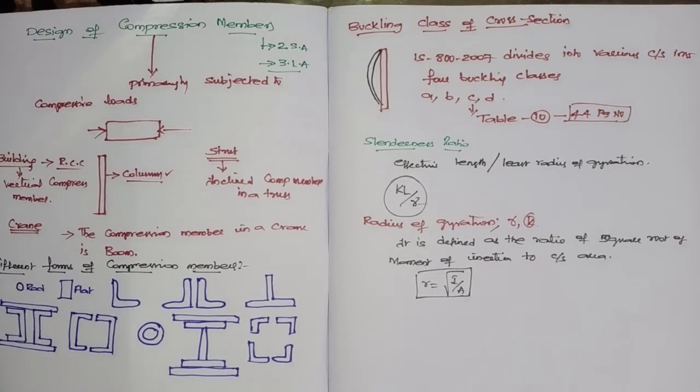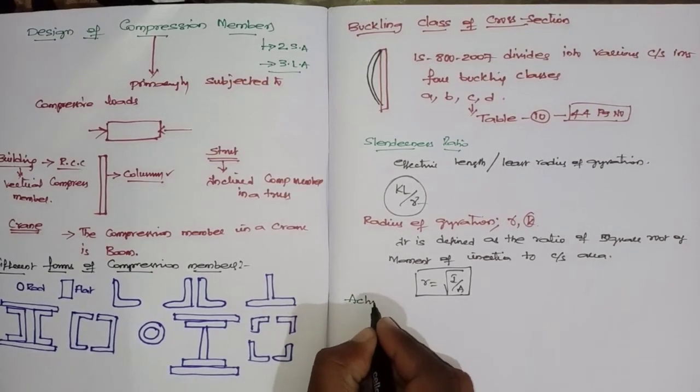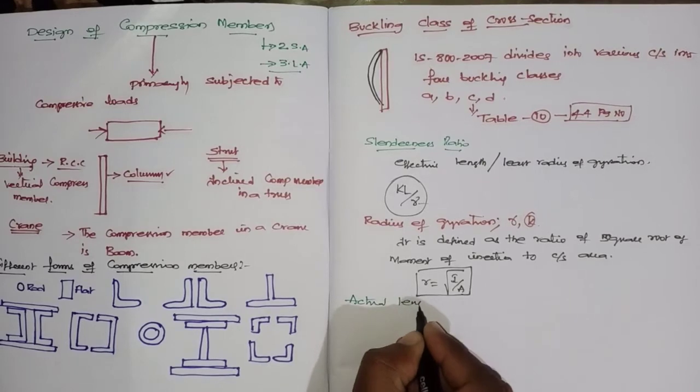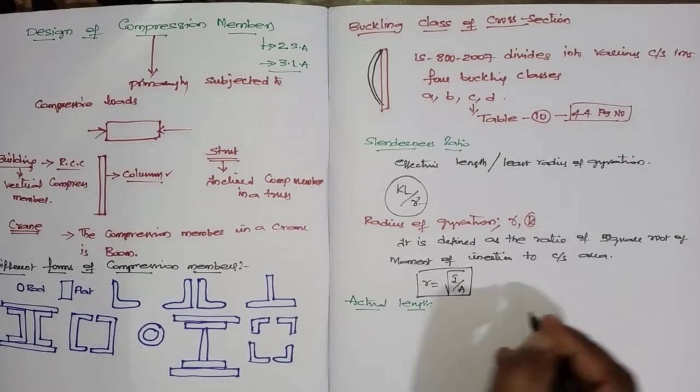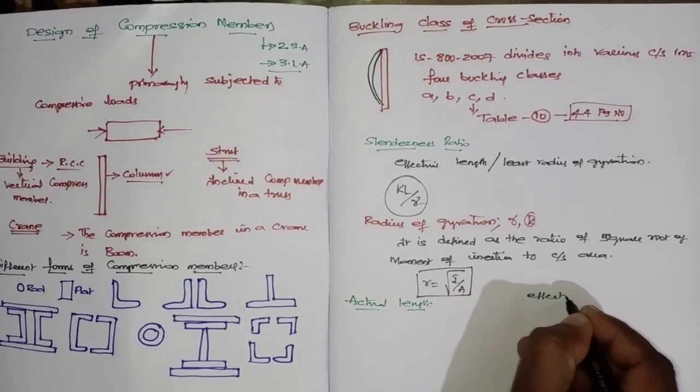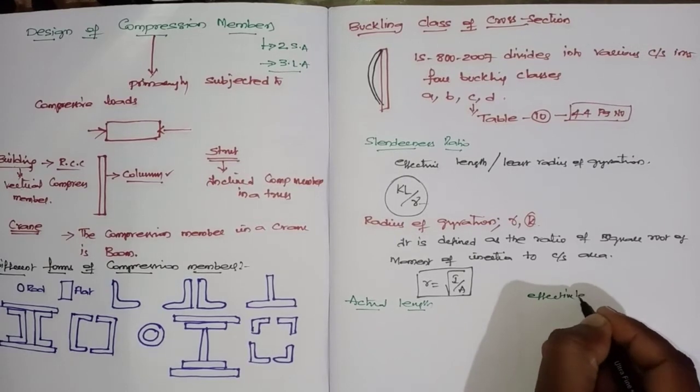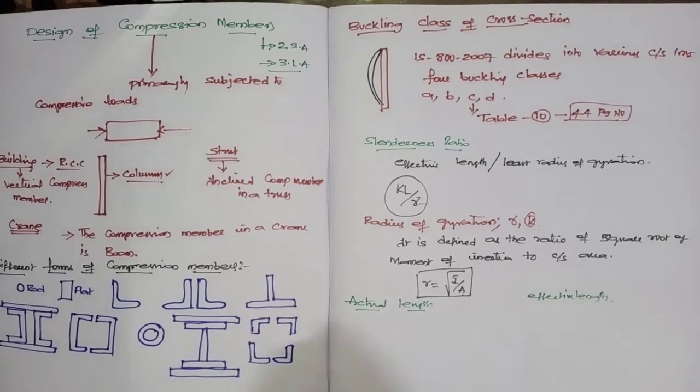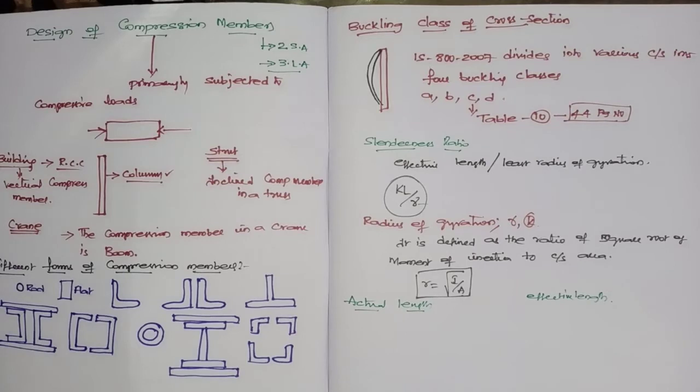Next, actual length and effective length. What are these? What is actual length? It is the center to center distance of compression member between the restrained ends.